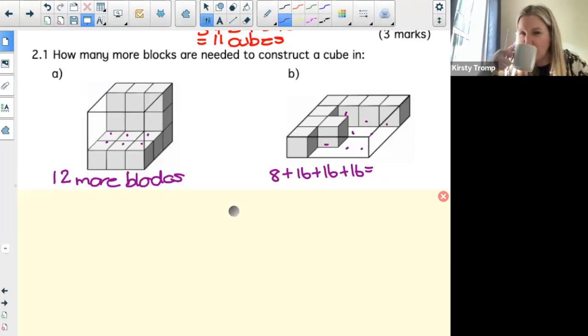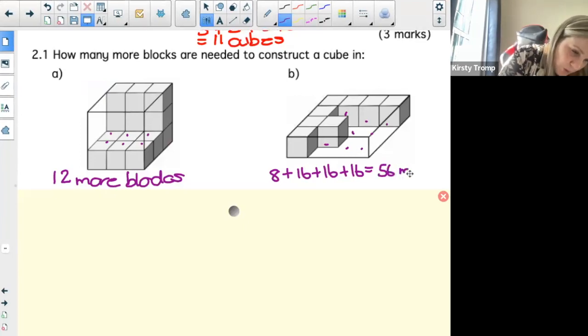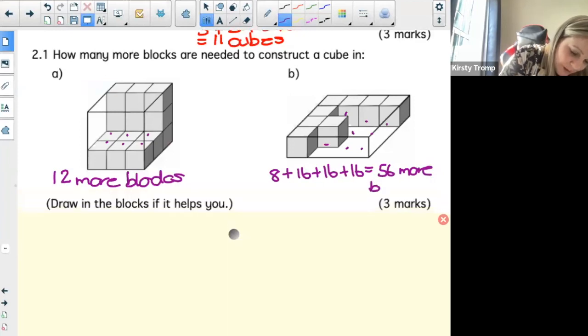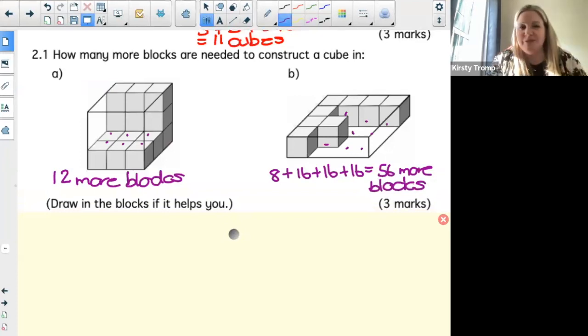Where's your calculator, or are you going to do it in your head? 56. 56, amazing. 56 more blocks. Well done. That one was a tricky one. They tried to trick you. Awesome. Well done. Thanks so much, Tandile.